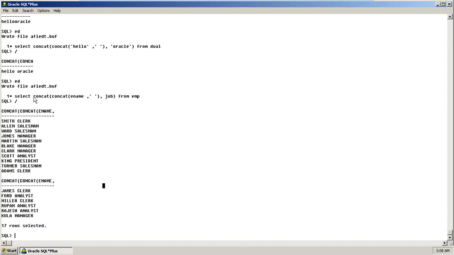This is the concat function. So the concat function behavior and concatenation symbol behavior are both similar. But here it is a function to concatenate strings. And you have another function, that is the length function, to know the length of the string.